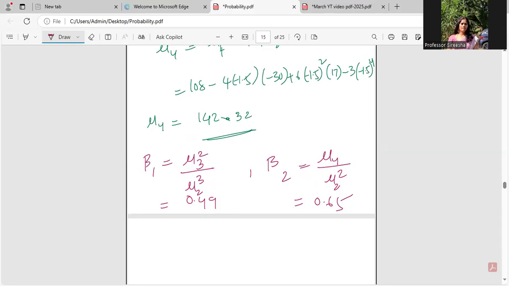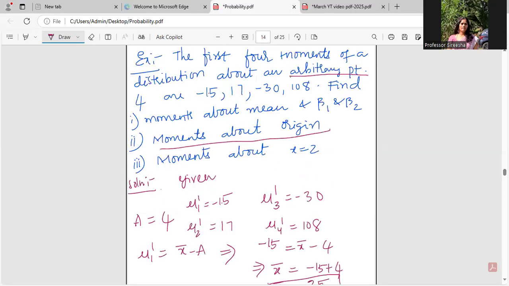Now, apart from this, there's one more question in the problem which is very simple but looks like a different one. What is that? Moments about origin. I know the rth moment formula, either for a moment about an arbitrary point or about the origin.